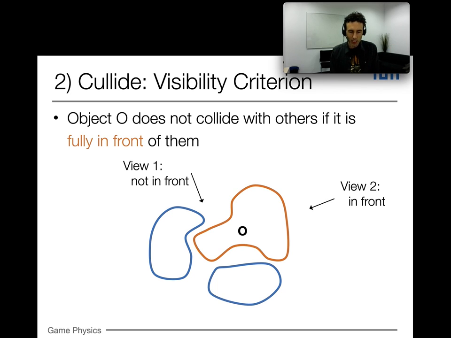In practice, it's slightly more complex. I don't want to go into details; you can find the paper for this algorithm online. You typically need to draw the back faces of the objects first, and then in another pass draw the front faces, so that we can make sure all parts of the object are covered, and they need to be drawn in a sorted order.